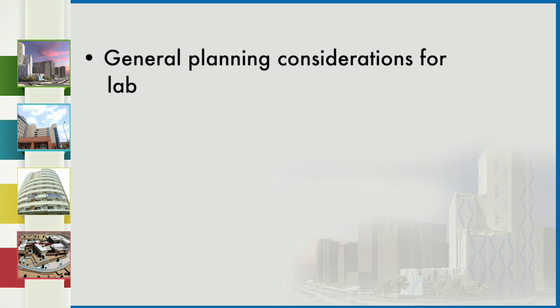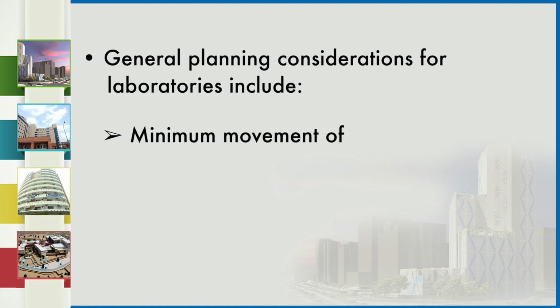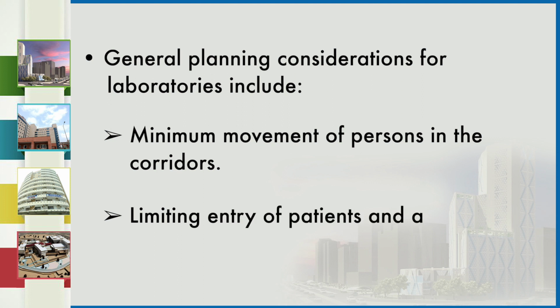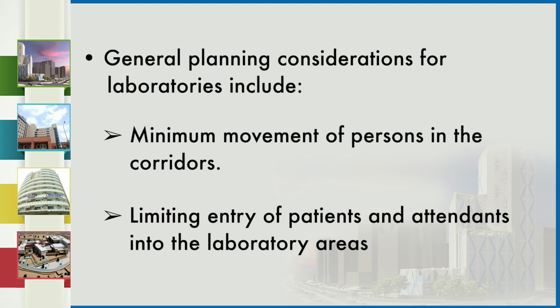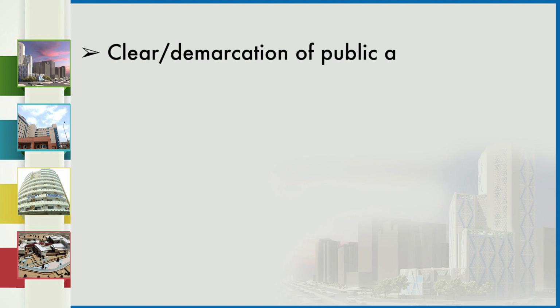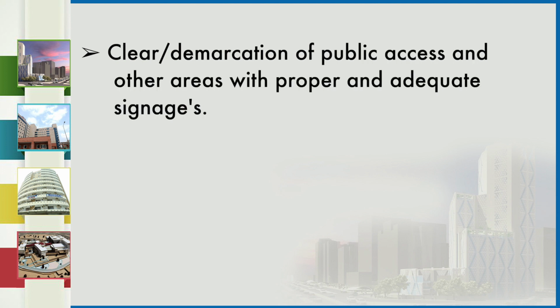General planning considerations for the laboratories include minimum movement of persons in corridors, limited entry of patients and attendants into the laboratory areas, clear demarcation of public access and other areas with proper adequate signages.